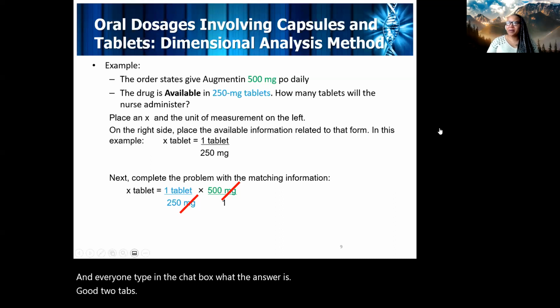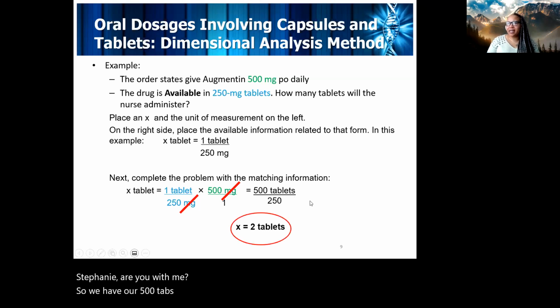Stephanie, are you with me? All right. So we have our 500 divided by 250, and that gives us 2 tabs.